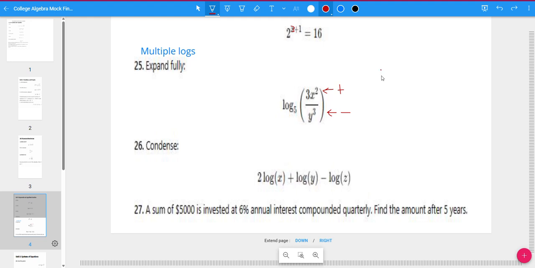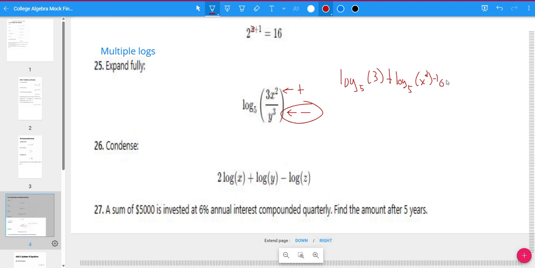So this becomes log base 5 of 3. I'm splitting that apart from the x squared, plus log base 5, because I'm using base 5, of x squared, minus. That's what I mean by the minus. A minus goes in front of log base 5 of y cubed.